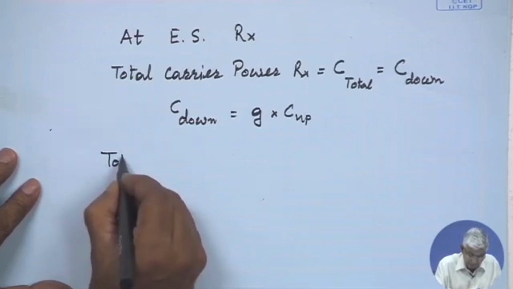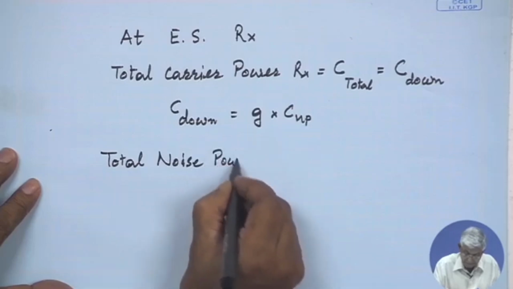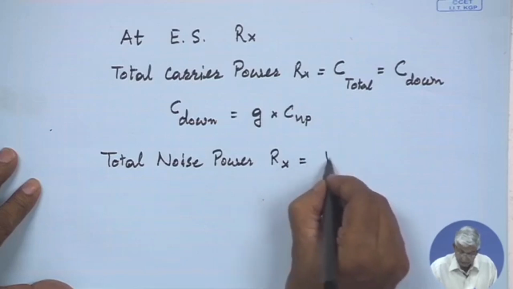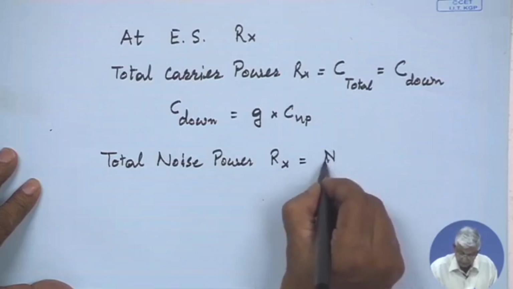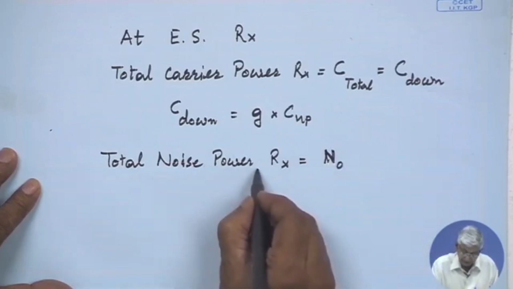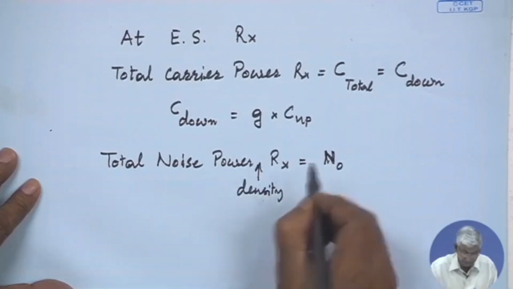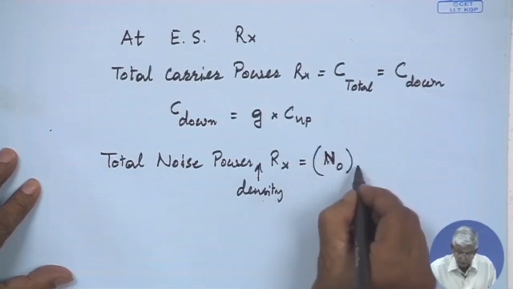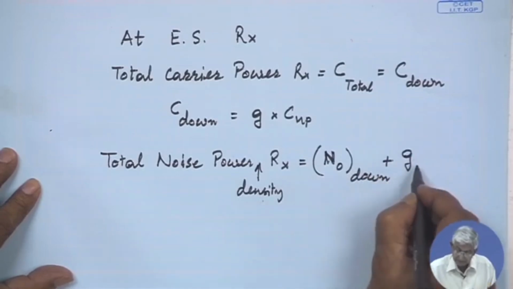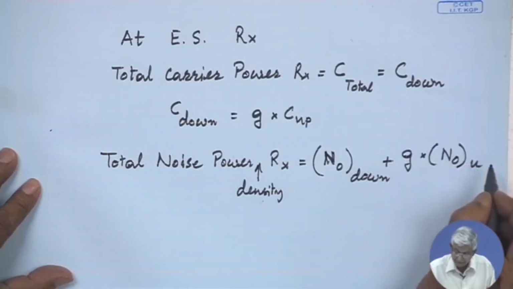Similarly, the total noise power at the receiver is the noise power density. If we say the noise power density is N0, then N0 of the downlink plus the satellite gain multiplied by the N0 of uplink.